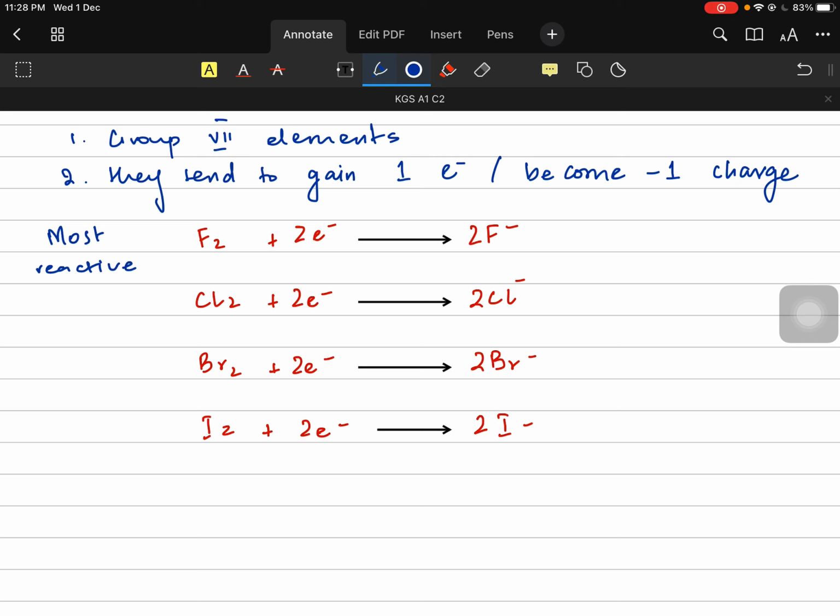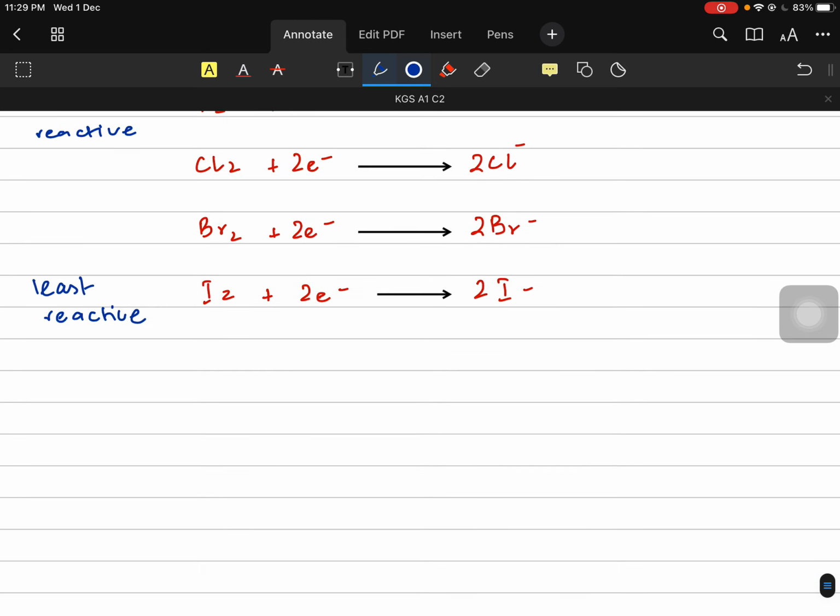Fluorine making a negative charge is a very easy reaction. Fluorine reduces itself very easily. But iodine is the least reactive. So iodine technically never gains an electron. And what happens is that one of the reactive halogens will gain the electron and the unreactive one will obviously lose it. So let's see what happens over here.